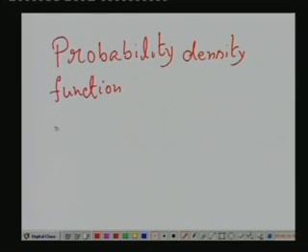Here sometimes we denote by f, sometimes by p. My notation should be rather p, because p stands for probability actually. So, I would prefer p.